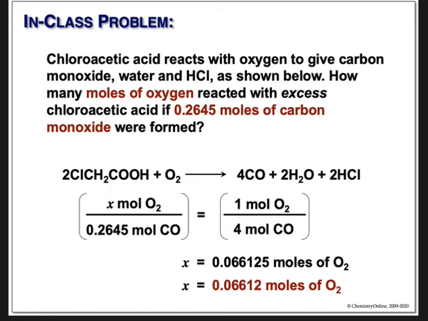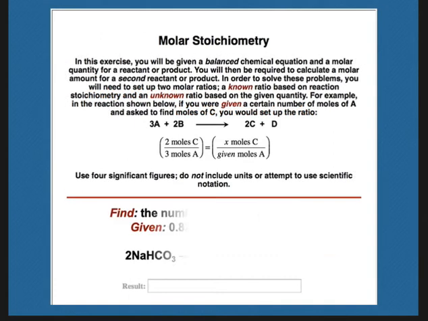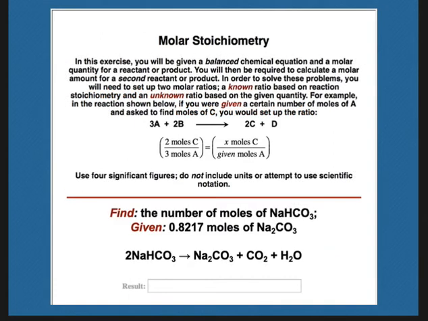All right, this brings us to our first tutorial. First tutorial, basically these types of problems. Molar stoichiometry. A little introduction here just to show you, again, our X, our given, and our given ratio.